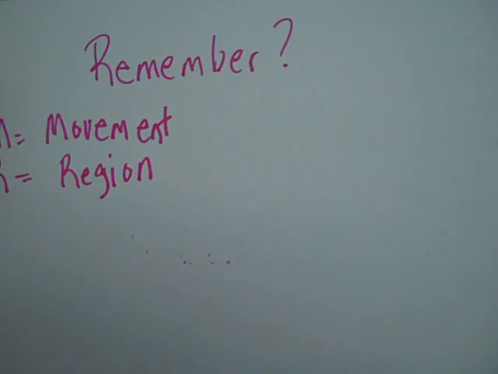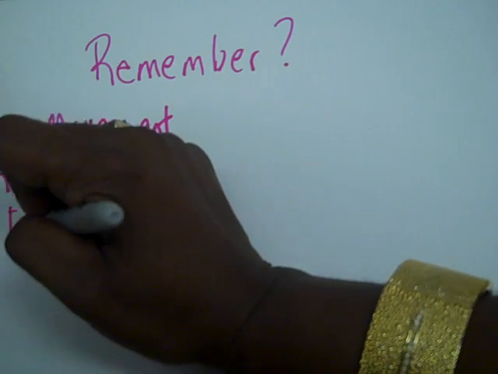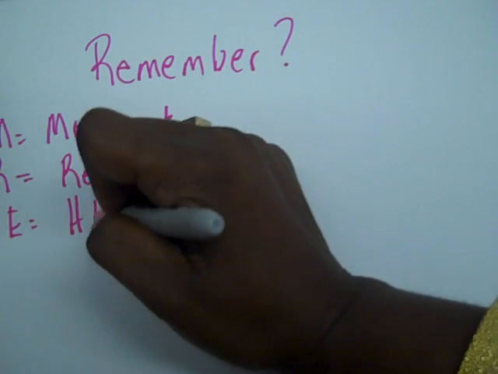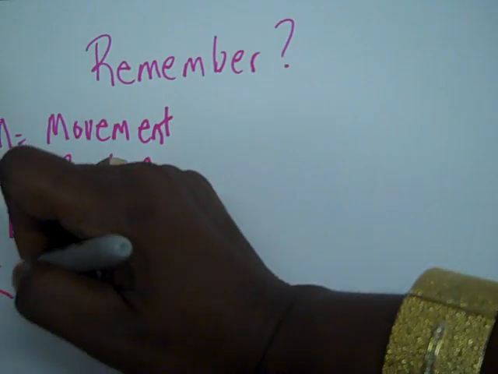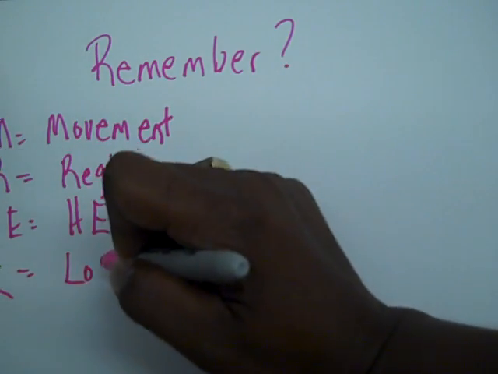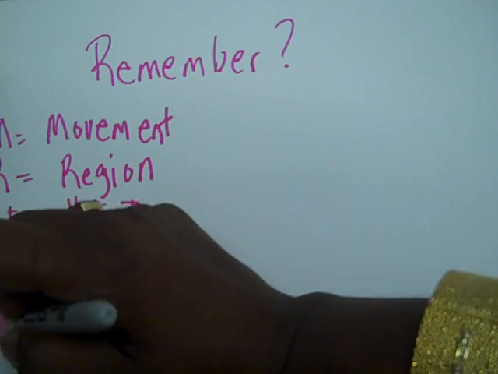HE, well, that would be human-environment interaction, or HEI. L stands for location. And of course, the last one is place.